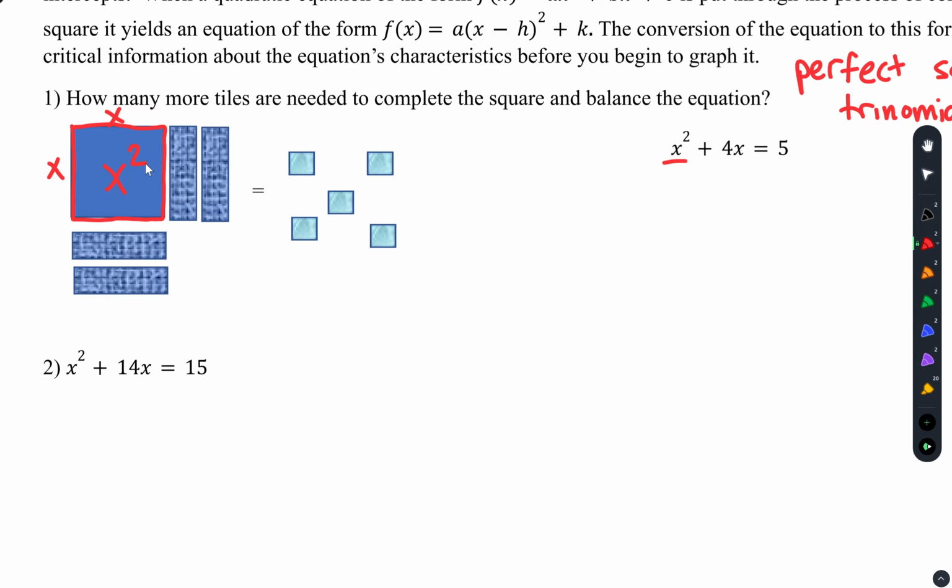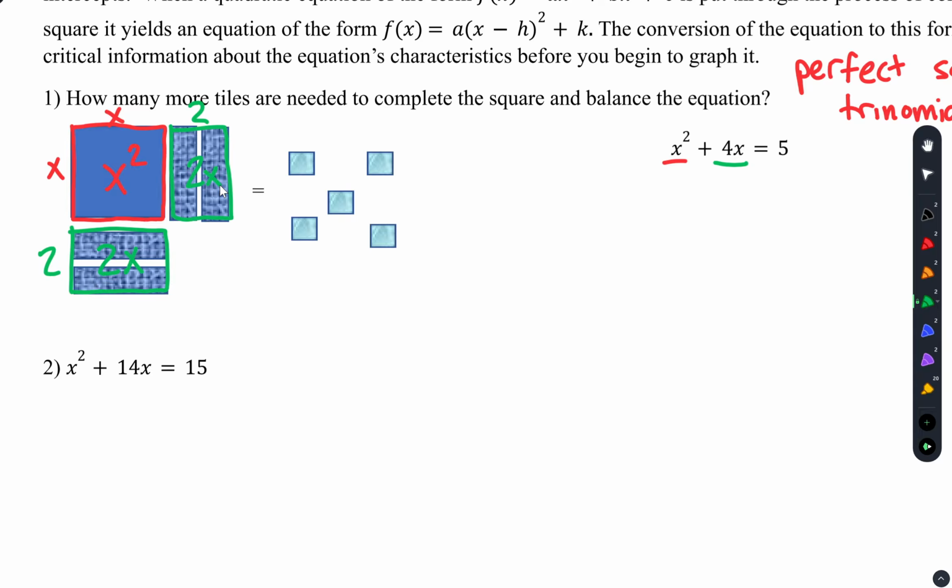Each line is an x. So how do I get that? Well, I need to multiply x times 2 to get 2x here. And I need to multiply x times 2 here to get 2x over there. That's adding up to my middle term.